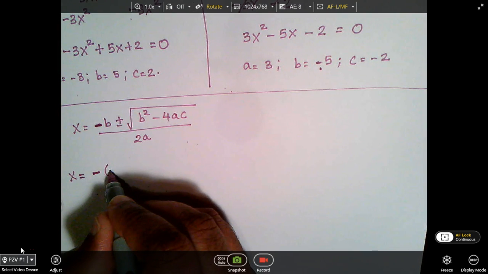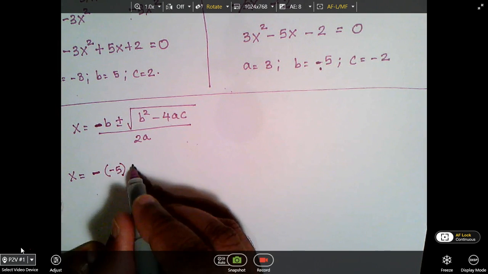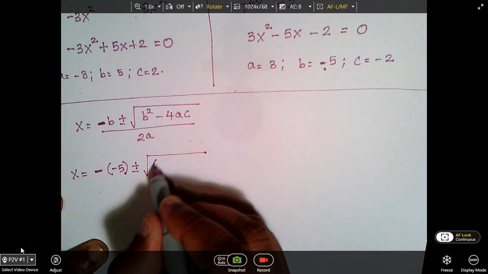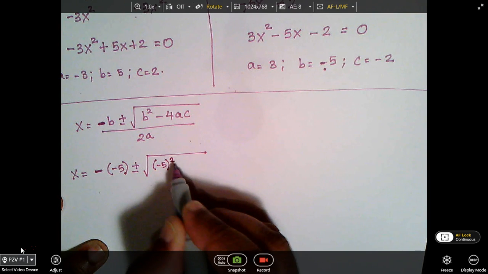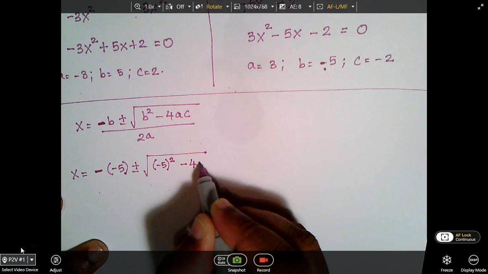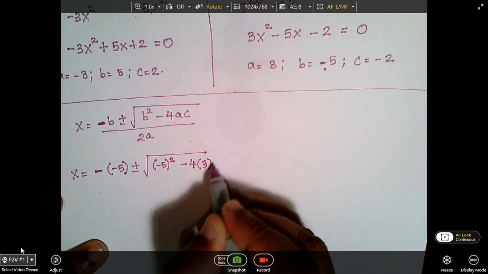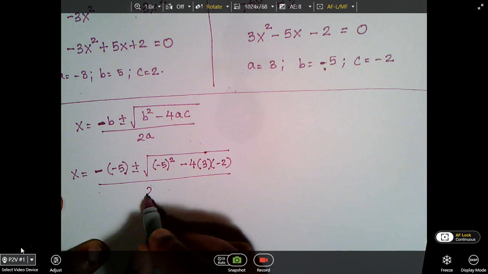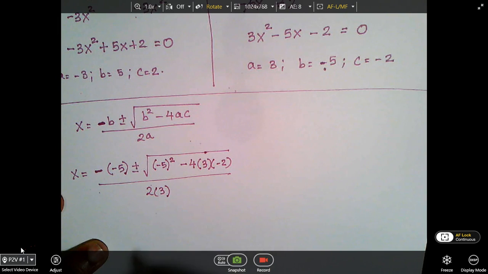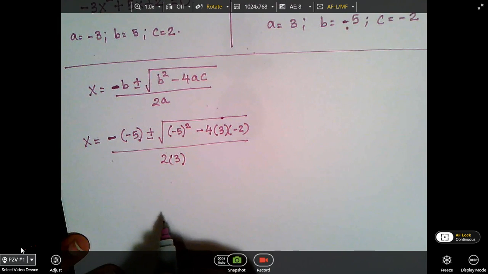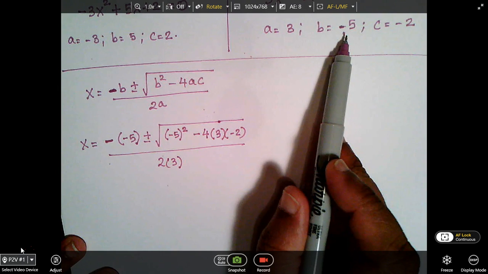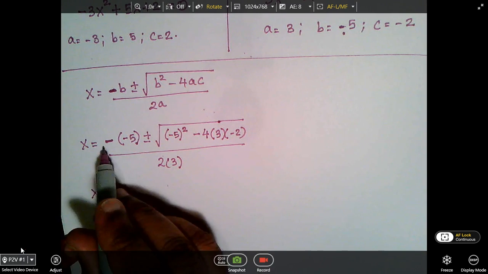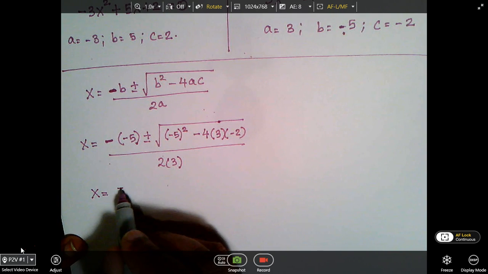So negative of negative 5 plus or minus square root of b squared, negative 5 squared, minus 4 times a times c, all over 2a. I chose these values just to show you I have a negative b. What will happen? Negative of negative is going to change it to a positive.